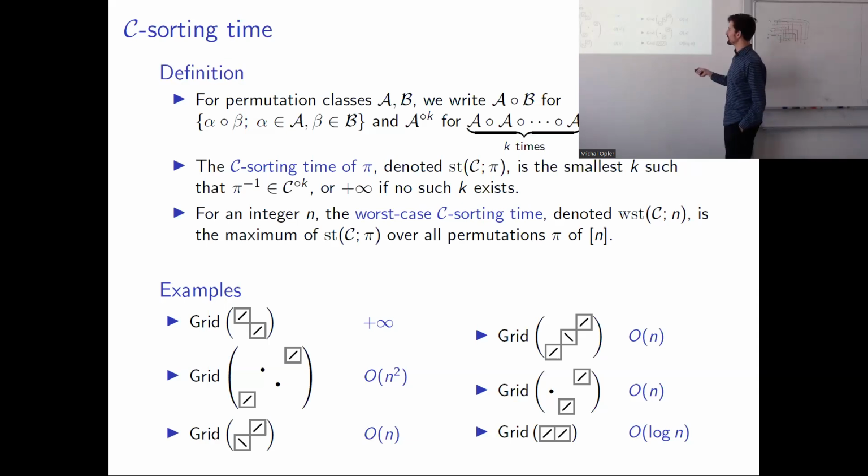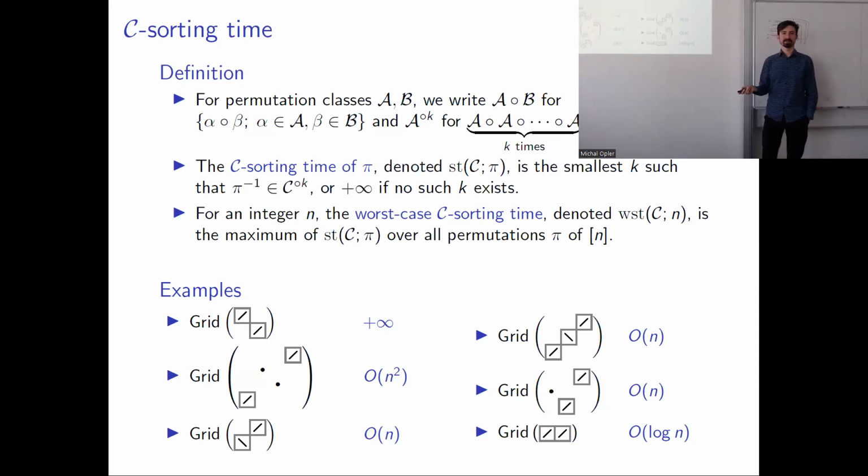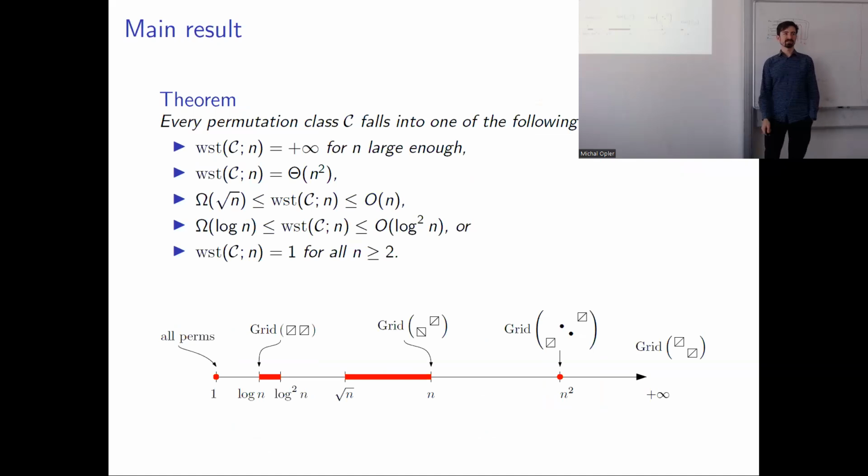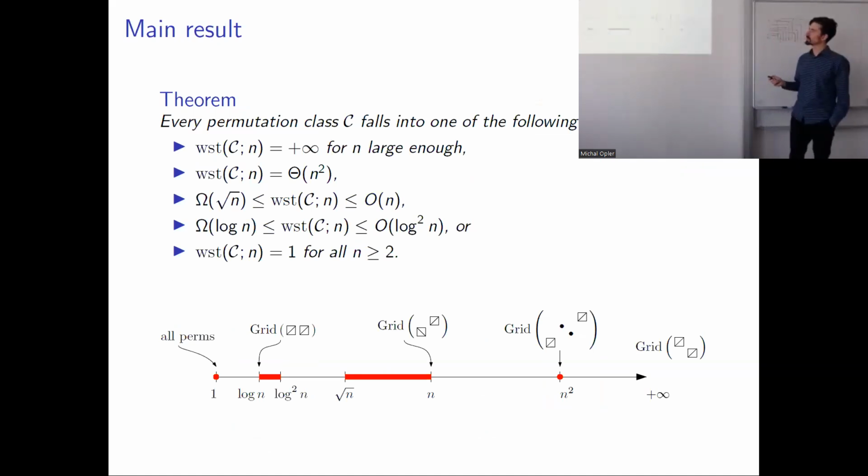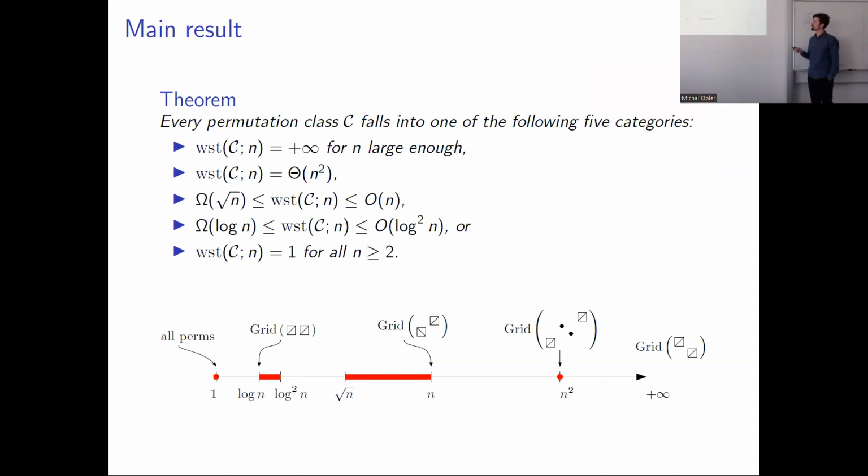Okay, but here we see different sorting times that are achievable by these classes. And our main and only result is this hierarchy. We proved that every permutation class falls into these five categories.